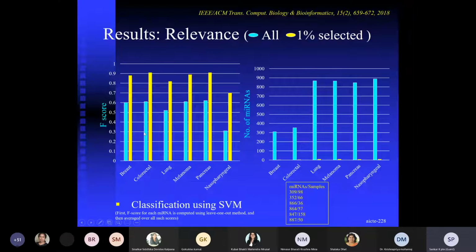Only 1% of microRNA, that means about 300, so 1% will be about 90. That means you take all microRNAs, rank them individually as per relevance and take the top 1%, and you see that the top 1% gives the highest. If you take all of them instead of only 1%, that creates confusion. This is the significance of this result.